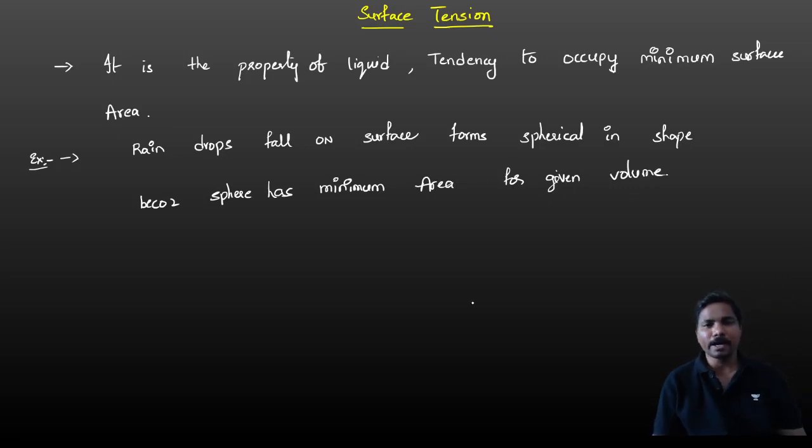So what is the reason behind raindrops falling into spherical shape? Surface tension. That point is very important. Okay. It is that property of the liquid.